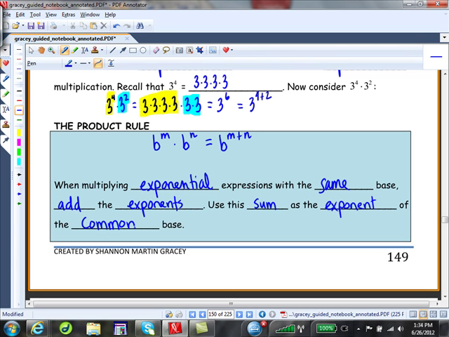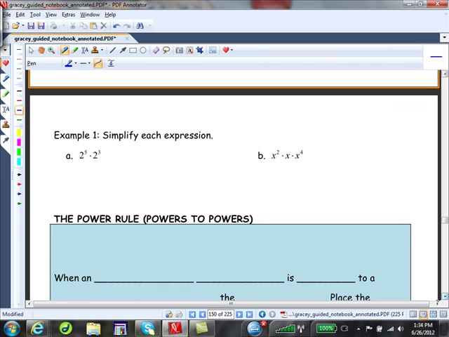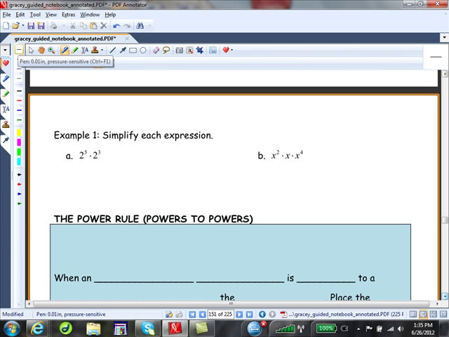All right, so here we go. Here's an example. And I highly recommend that you use the rule, okay? I know that many of you might already know what the result is, but use the rule so it gets in your mind. So for part A, instead of even looking at your calculator, do the rule to say, oh, I have the same base, which is 2, so I'll get 2 raised to the 5 plus 3.